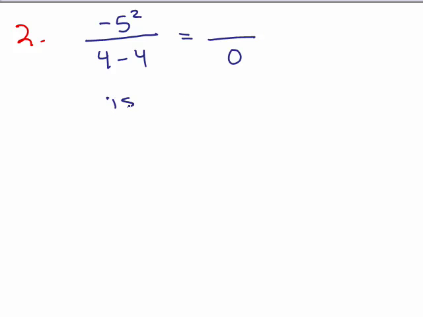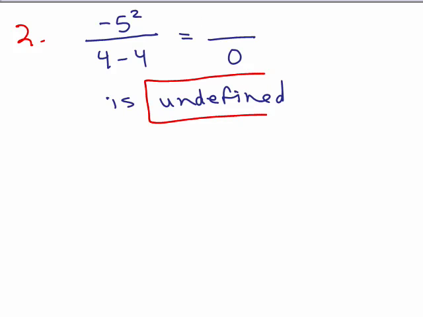So the answer is this is going to be undefined. Now, you could have simplified the numerator, in which case this is the opposite of 5 squared, or -1 times 5 squared. It is -25 divided by 0, but still the answer will be undefined.